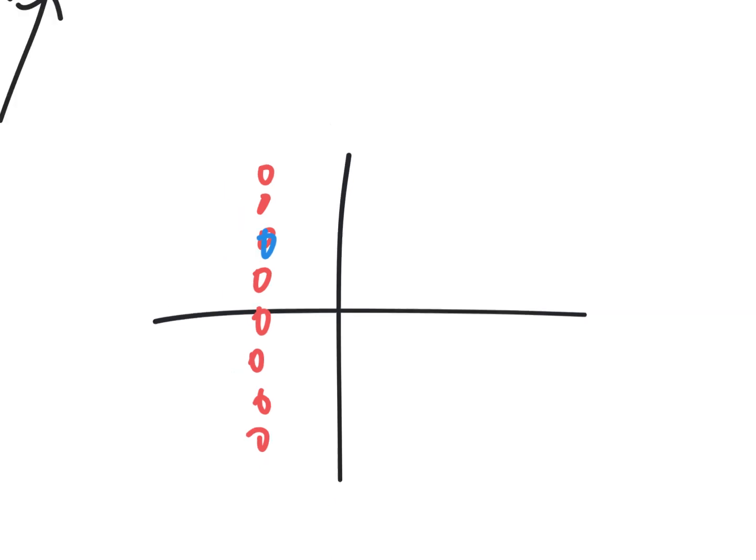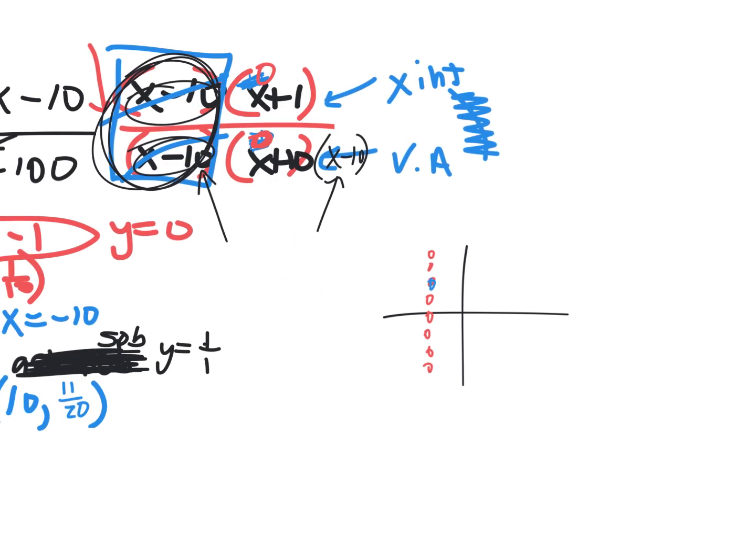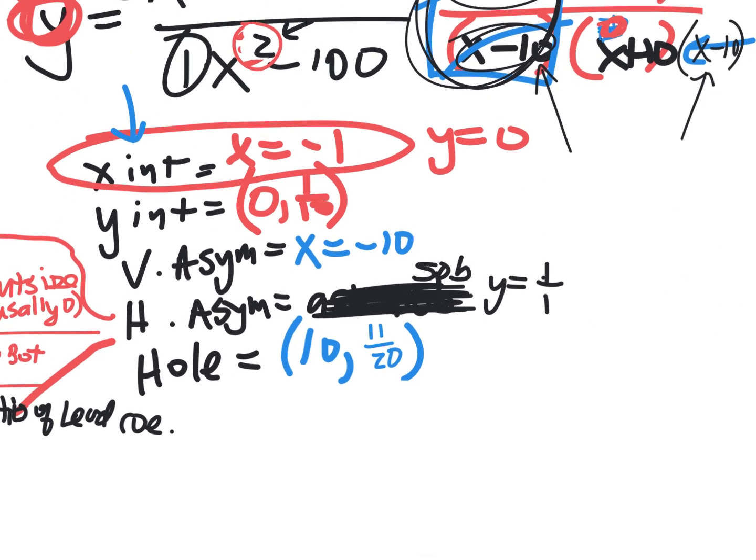Which do you think wins between a hole or an asymptote? Yeah, the asymptote, because it's more powerful. Okay. And there are even more complicated options, but let's not even go there.